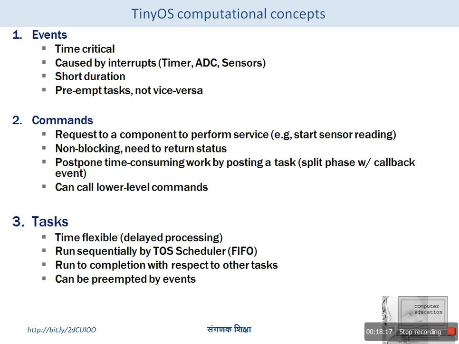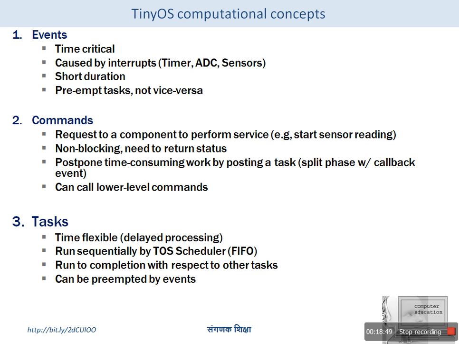So events are nothing but interrupts in the operating system, and you are aware of what an interrupt is. Here an interrupt may be introduced by a timer or some analog to digital converter mechanism or some type of sensors like pressure, temperature and so on. These types of sensors can cause an event to occur, and these are nothing but interrupts, and these interrupts are of short duration and they can preempt tasks, but it is not possible vice versa.